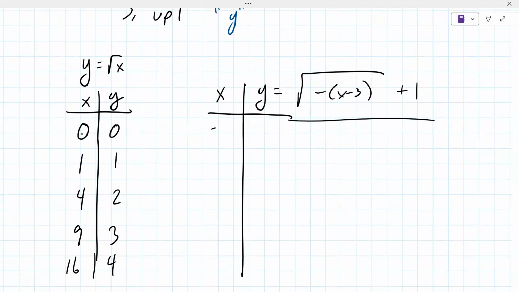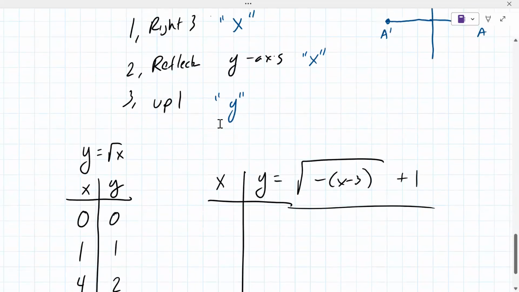So how do I want to do this here? I'm sorry, you negate and then add. Okay. So I gave you the order here wrong. That's the issue.